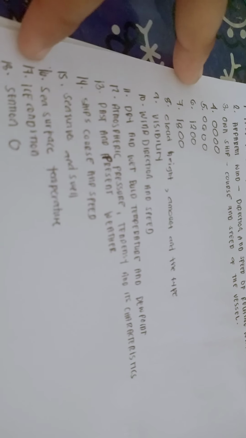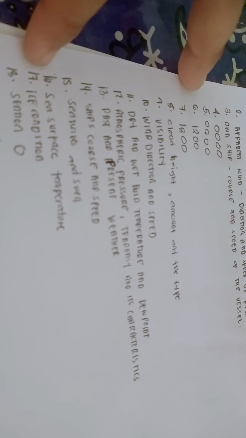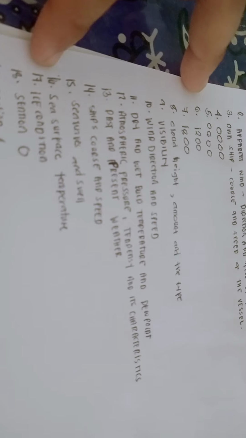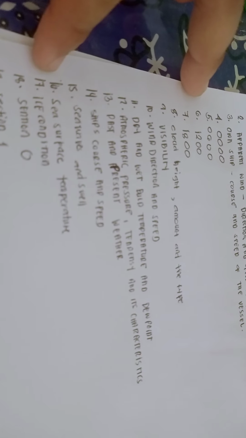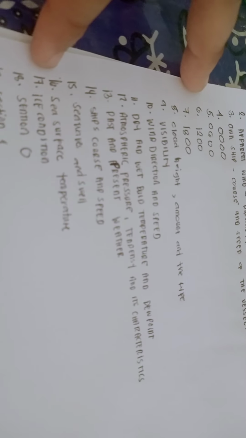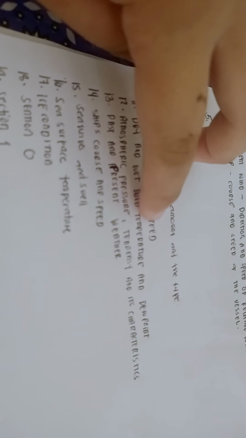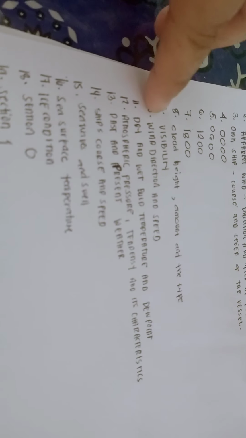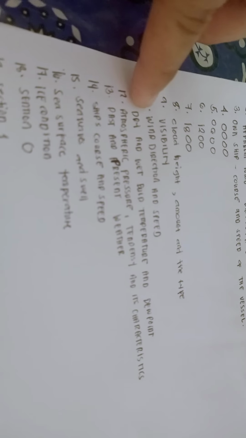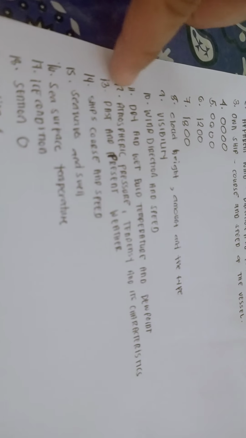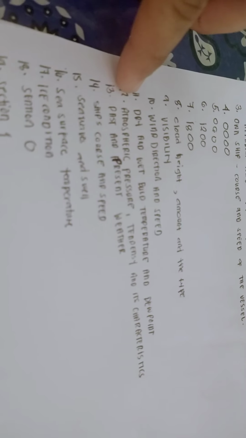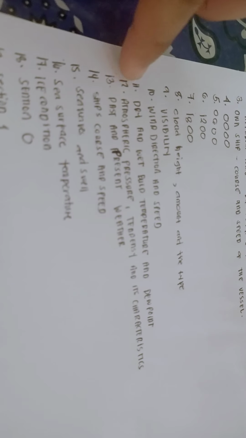So in 8 to 17, these are the elements to be observed when taking meteorological observations on a voluntary observing ship. We have cloud height, amount and type, visibility, wind direction and speed, dry and wet bulb temperature and dew point, atmospheric pressure, tendency and its characteristic.